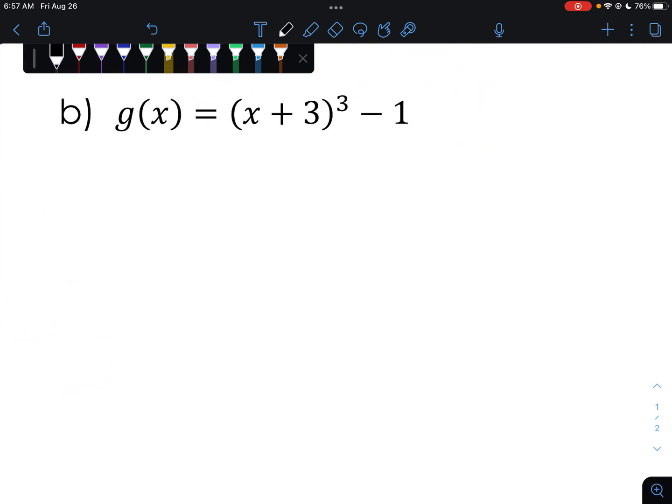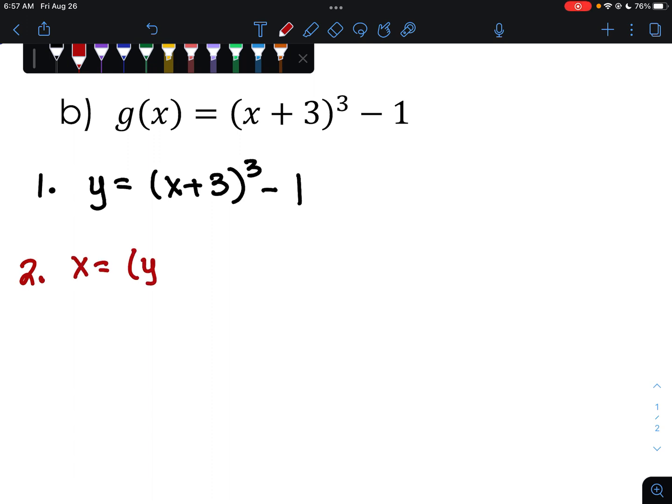Looking at the last example, again, step 1, you start by rewriting it using y. Step 2, you switch your x and your y. Step 3 is where you start solving for y.